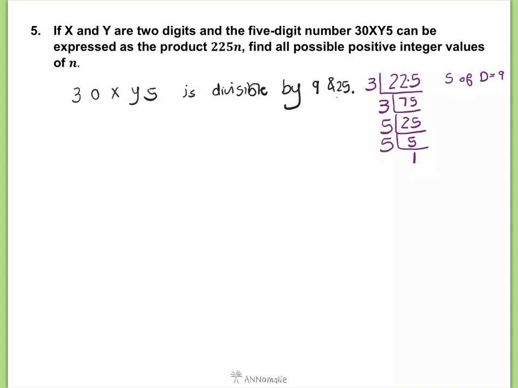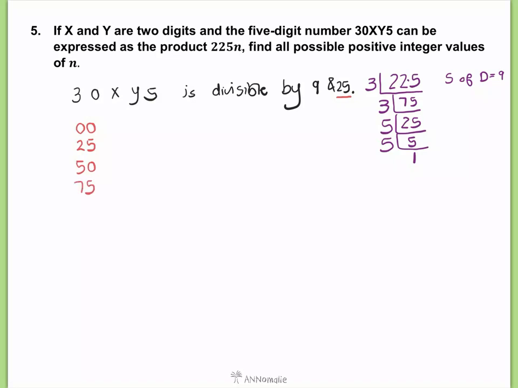Why do we look at 25? An interesting pattern emerges when we look at a number that's divisible by 25. First of all, a number that's divisible by 25 ends in 00, 25, 50, or 75.